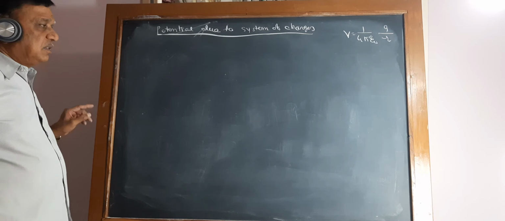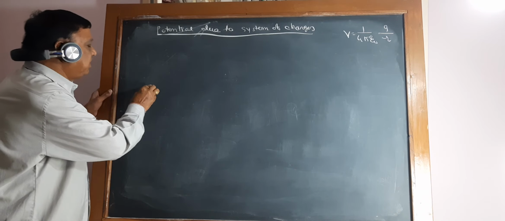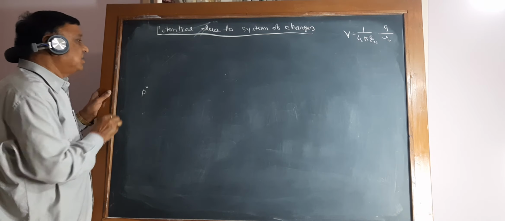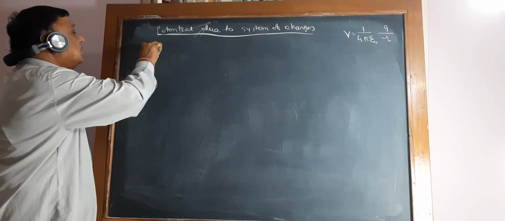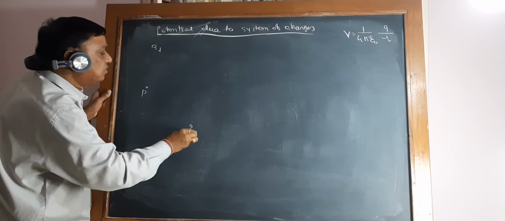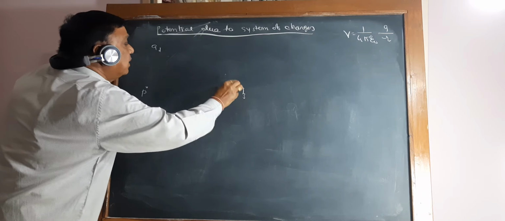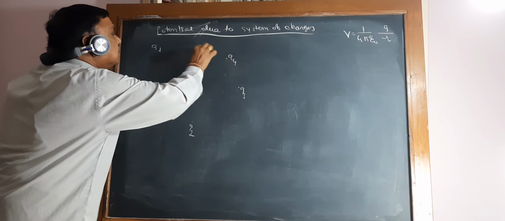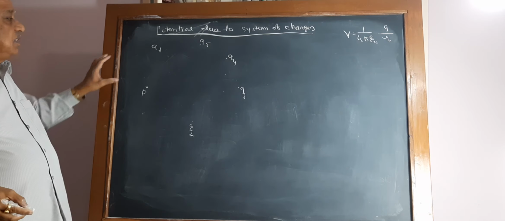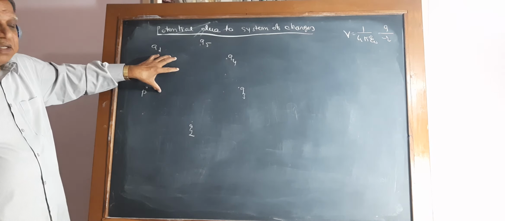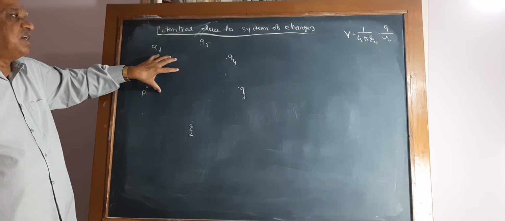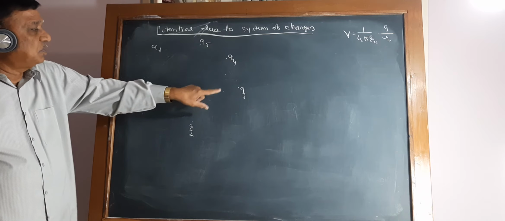Now here a simple case is there. Suppose we have taken a point P and the charges Q1, Q2, Q3, Q4 and Q5. We have taken a system of charges containing 5 charges.